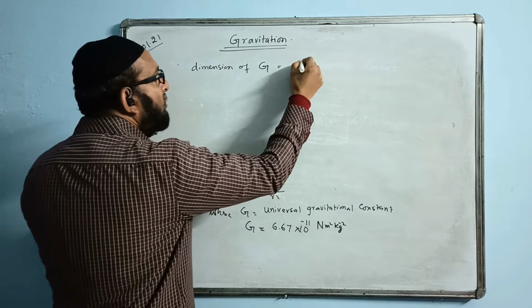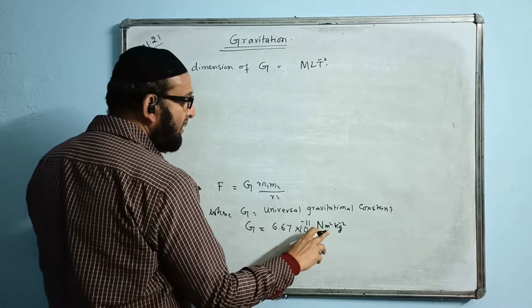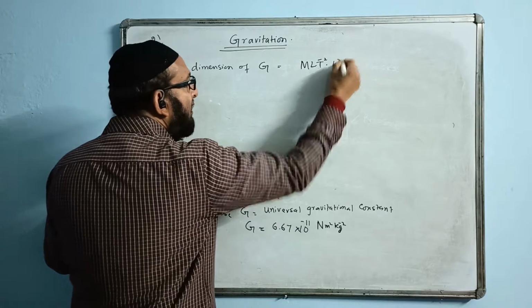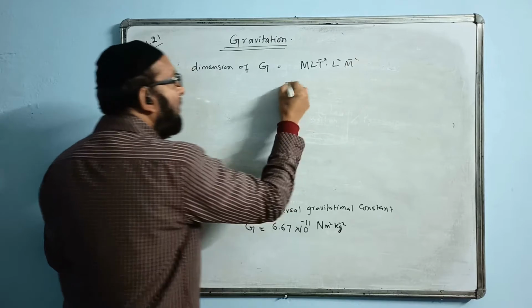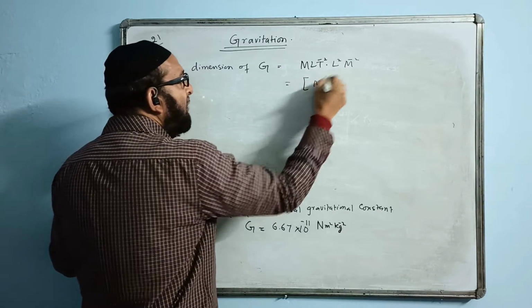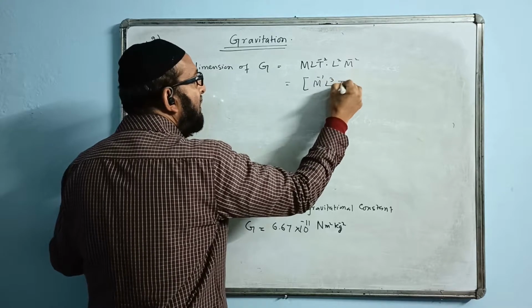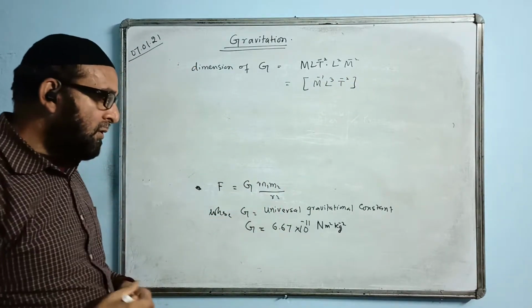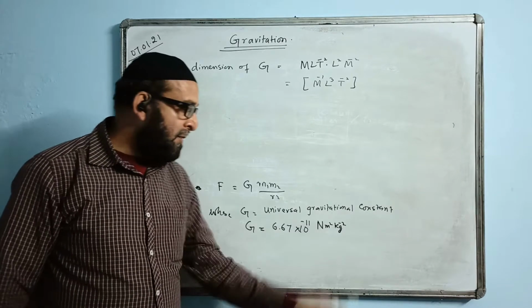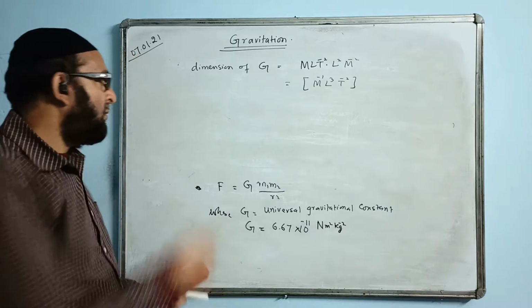Newton means force, mass into acceleration, that is M L T to the power minus 2, into meter, meter means length square, and kg is mass, that is M to the power minus 2. Now simplify it and find the dimension. This will become M to the power minus 1 L cube T to the power minus 2. This is the dimension of universal gravitational constant G. Very often they ask, give the dimension of universal gravitational constant. So this is the dimension.